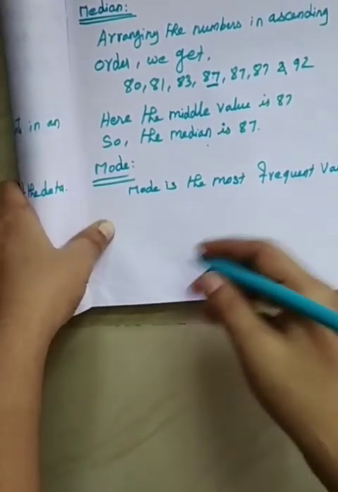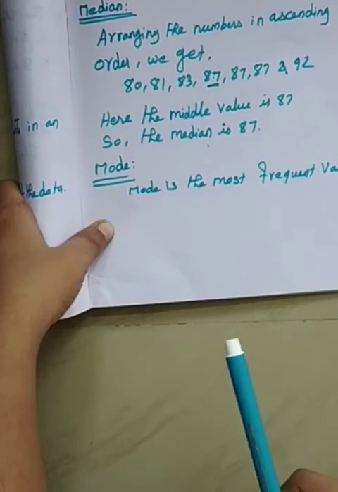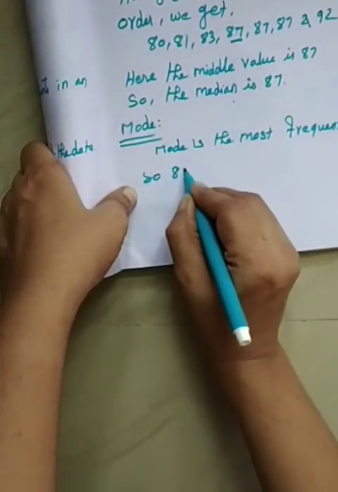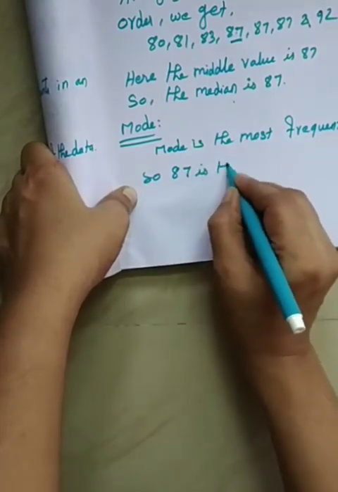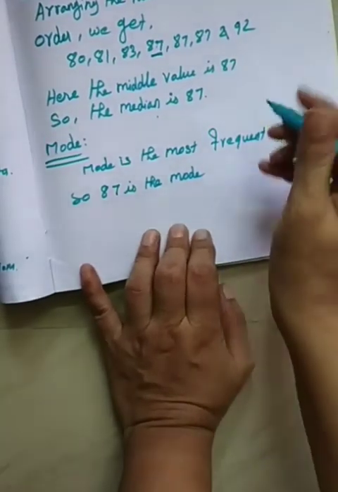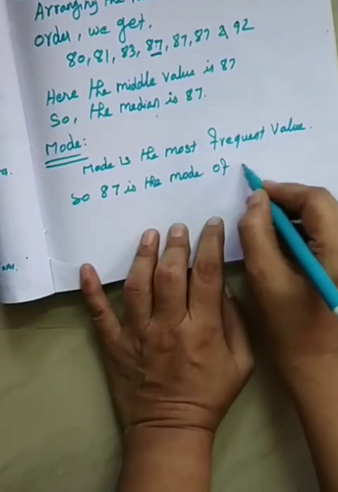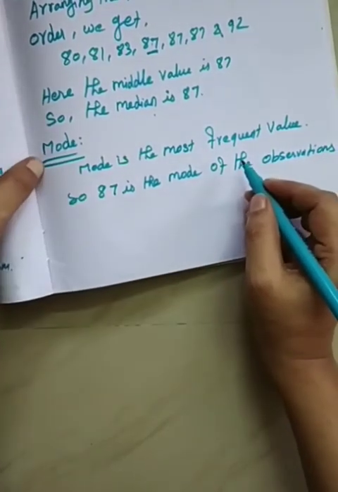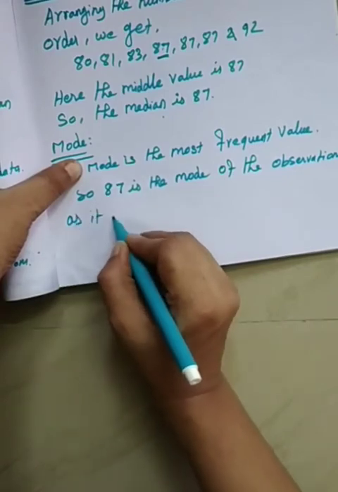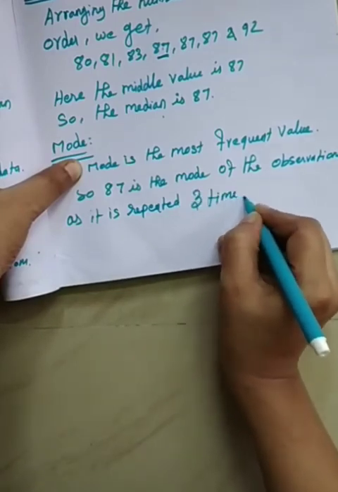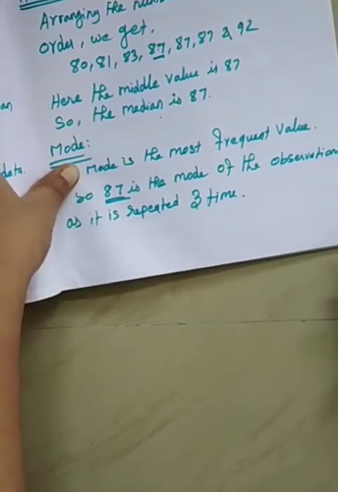So in this given data, 87 is the mode of the observations as it is repeated 3 times. So 87 is the mode of the given problem.